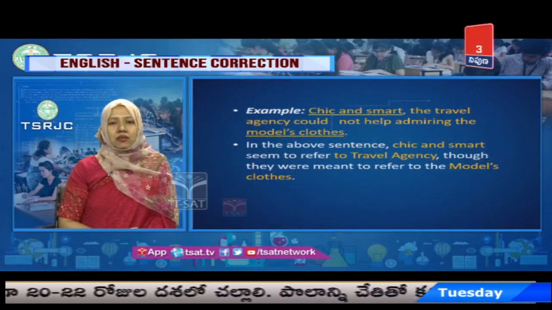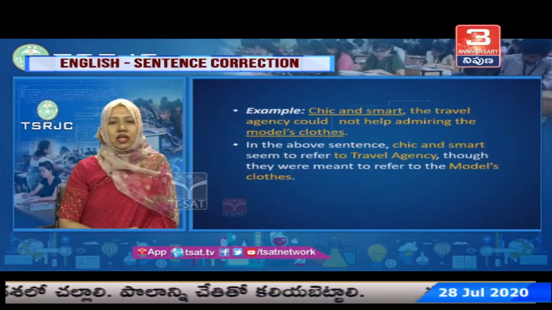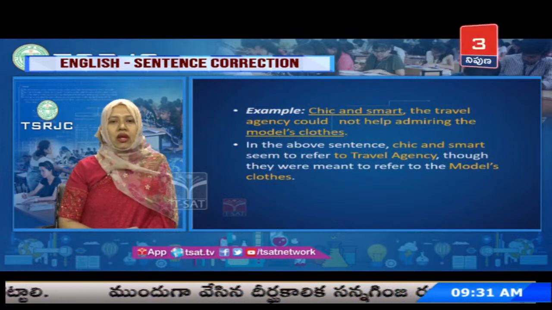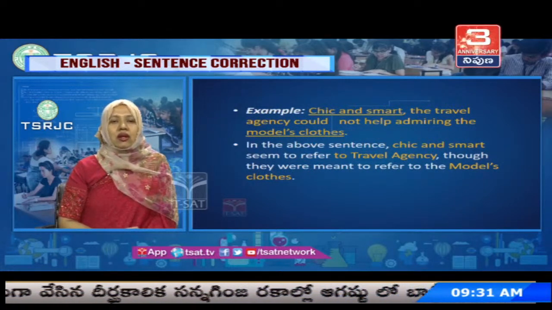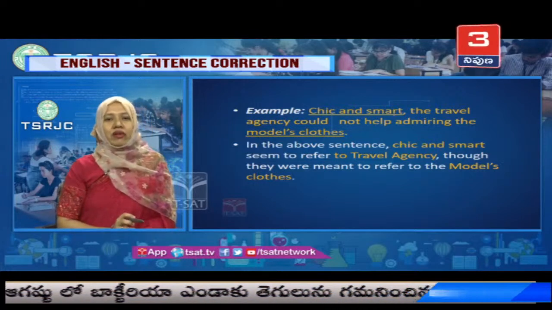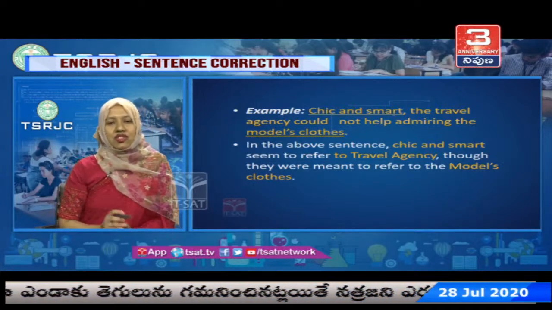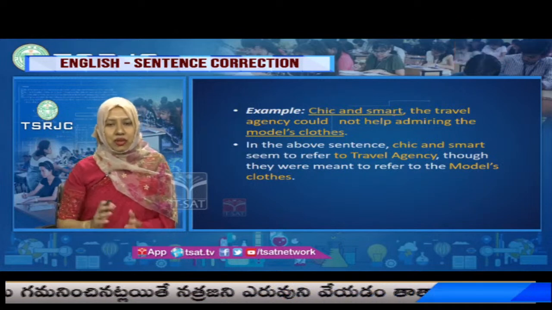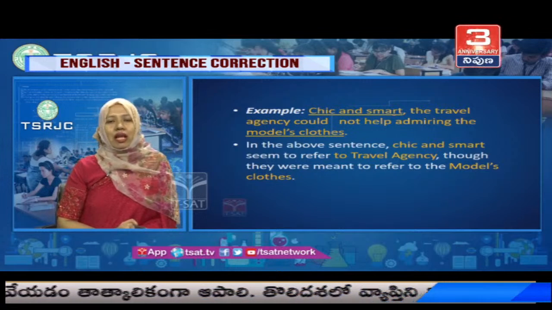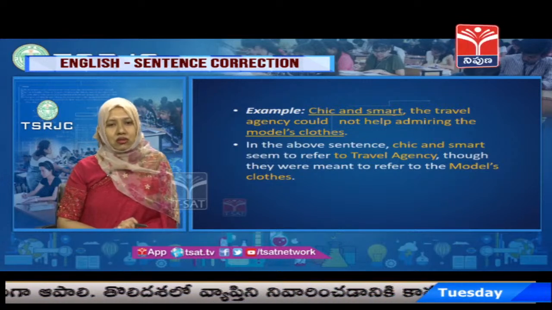Now, chic and smart, the travel agency could not help admiring the model's cloth. Here, in this sentence, chic and smart, I have underlined. What is chic and smart? It is an adjective, something describing words. The travel agency could not help admiring the model's cloth.